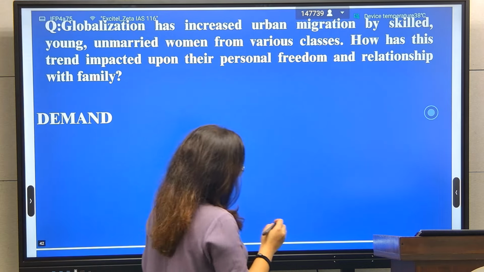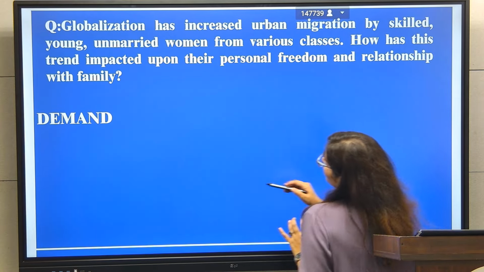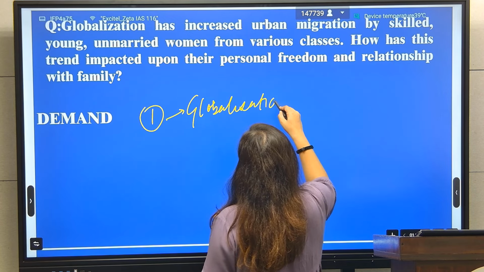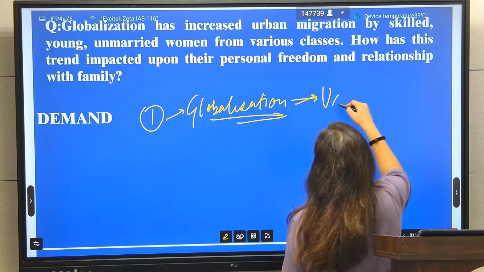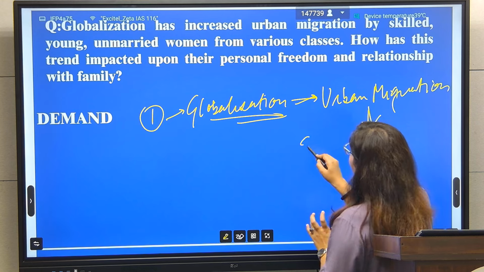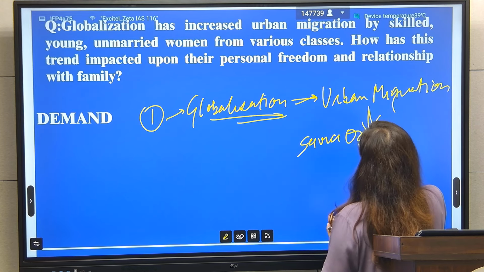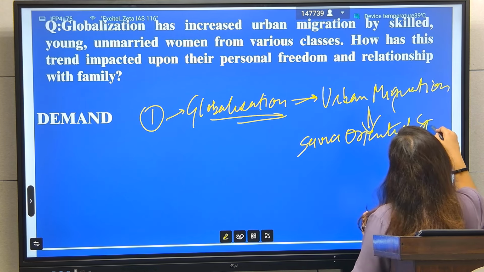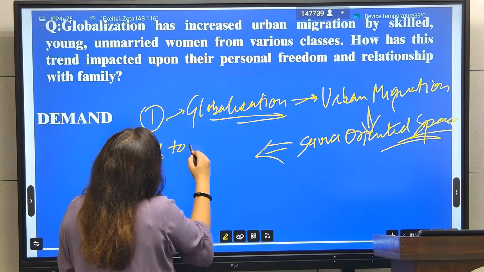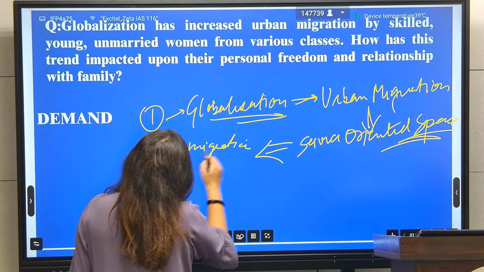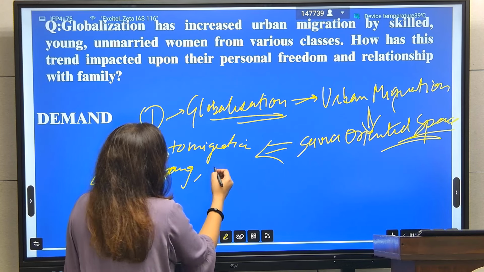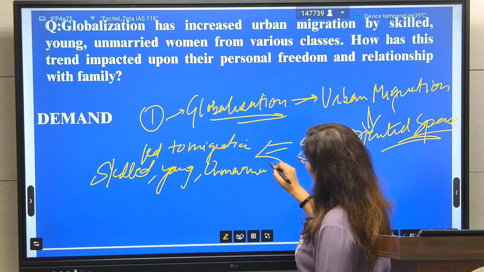First, the demand is that globalization created a ground for urban migration, which created a service-oriented space, which led to migration of skilled, young and unmarried women.